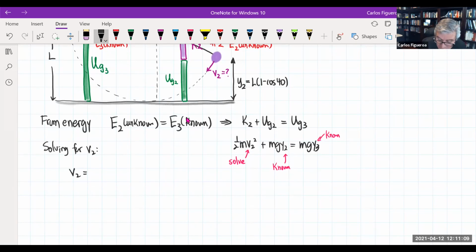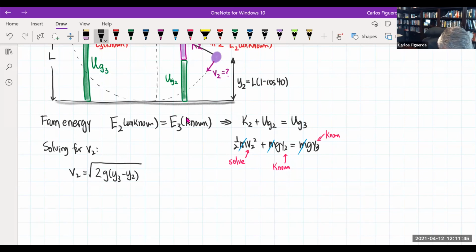Since this is very similar to before, once again you can see that the m's are canceling out. So what I'm going to get is g of y3 minus y2, and then look at the 1/2. I'm going to multiply by 2 on both sides, and then I get the square root.